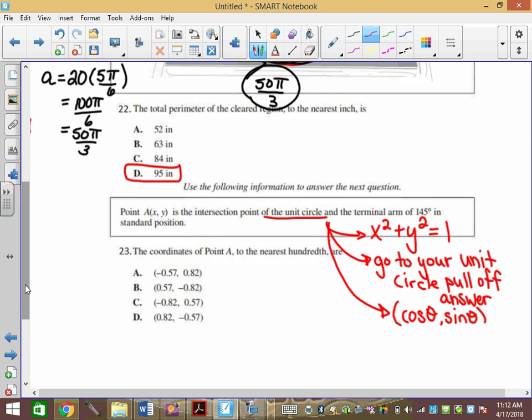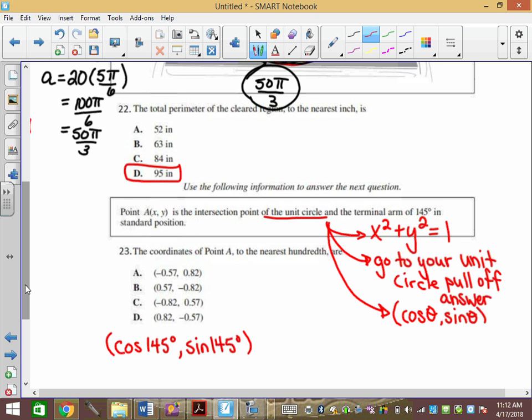They want cos of 145 degrees and sine of 145 degrees. That is actually the answer. It's not there. What did they do? Typed it into their calculator and put down the decimal. That's all they did. Cos of 145. Make sure you're in degree mode.